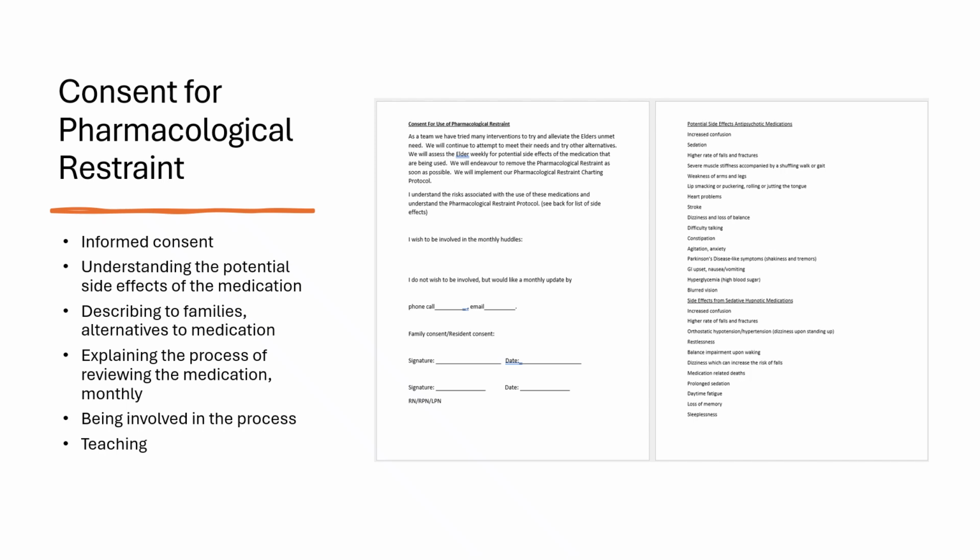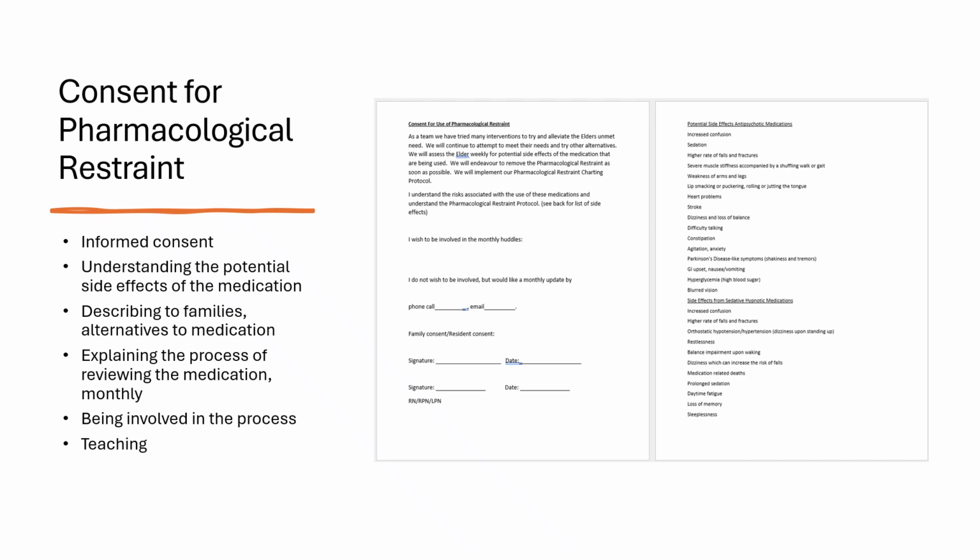This is an informed consent, so the family or the resident need to understand the potential side effects of the medication. The consent is on one side where they will sign, and then it will go into the resident's chart. The other side of the page has the potential side effects of the medication and the side effects of sedative hypnotics.